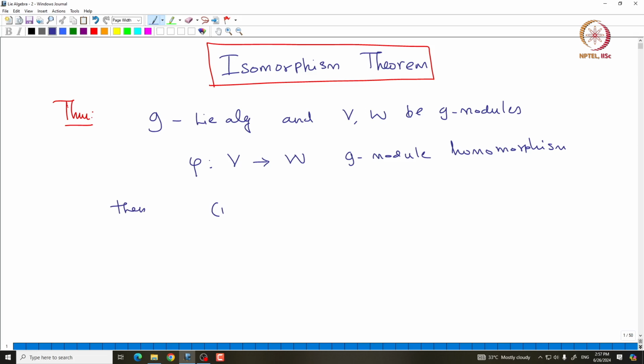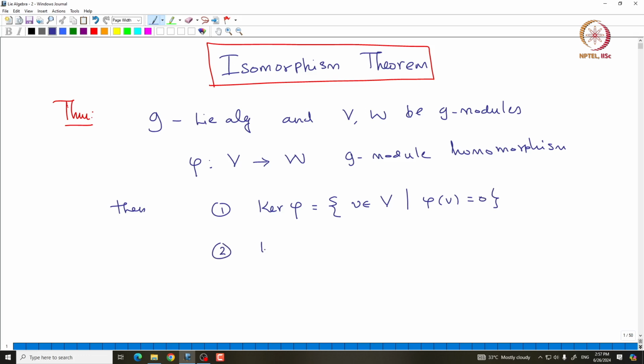So, then we can actually define what is called the kernel, which is naturally defined to be the kernel of this linear map. This is those vectors in capital V which are mapped to 0 under this morphism phi.